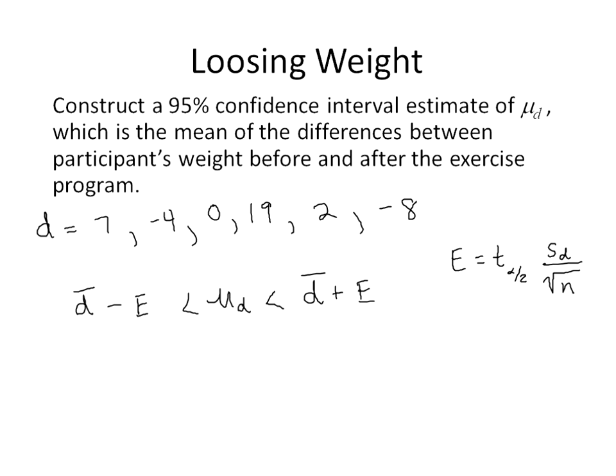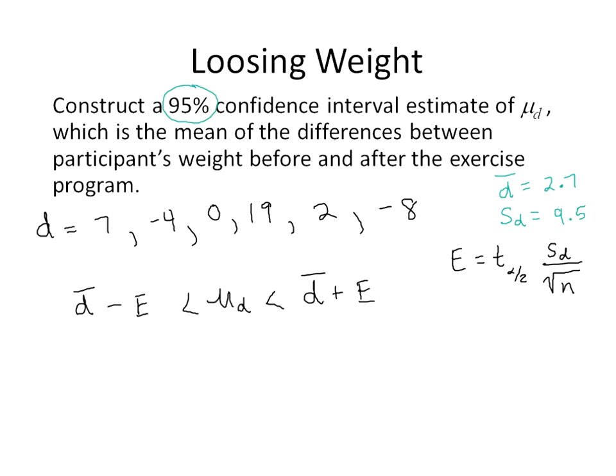Okay, so we already had the mean for our differences. So remember, that's where we did the one-var stats. Okay, so I'm going to go ahead and use the formula, and then I'm going to show you how to get this on the calculator without the formula. So the mean difference and the standard deviation, that's what we had already done using the one-var stats command. So 2.7 for the mean of my differences and 9.5 for the standard deviation.